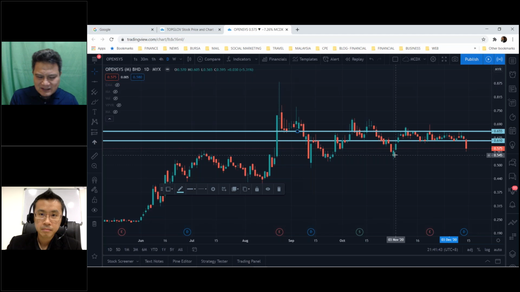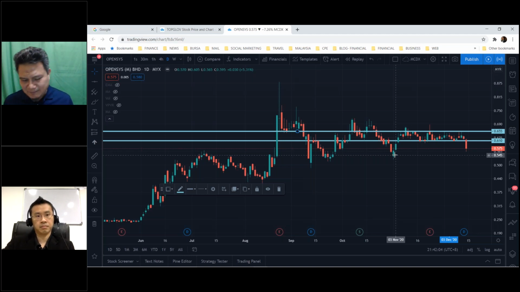As I mentioned earlier, all of these patterns are not perfect. For your information, there is no such thing as 100% perfect of any kind of analysis. But the candlestick can give you an accuracy as close as 80%, which I think is very good already.